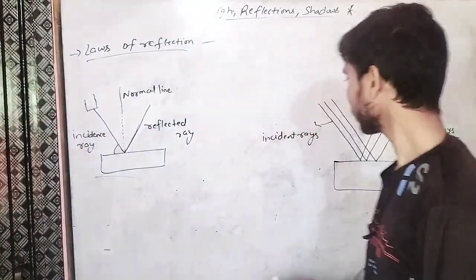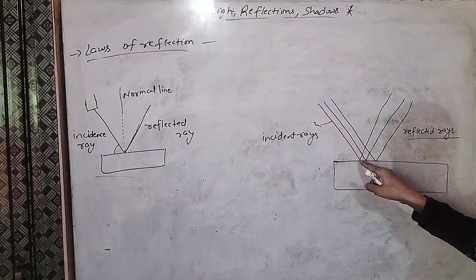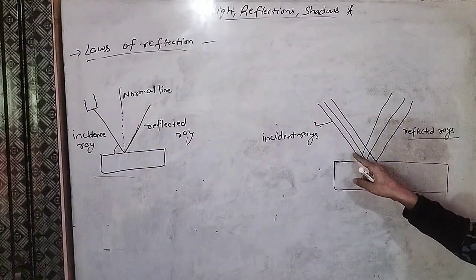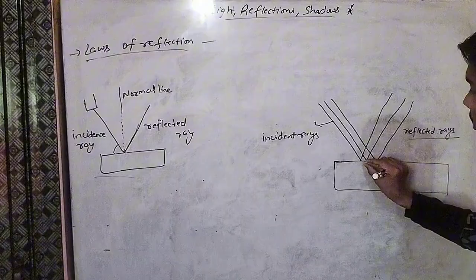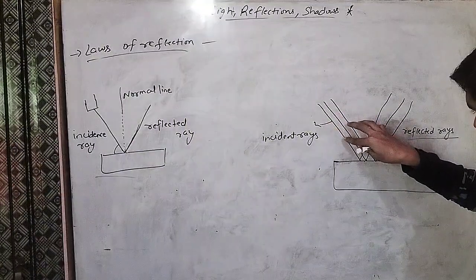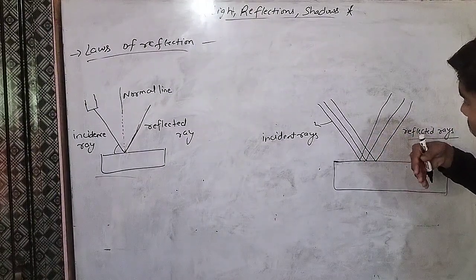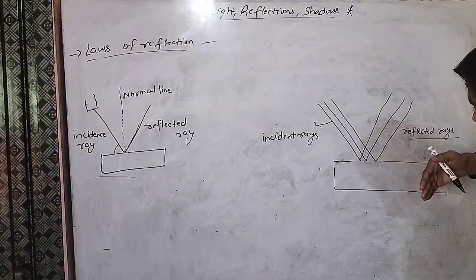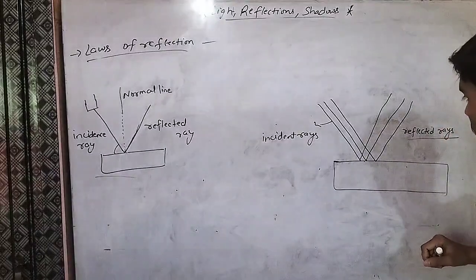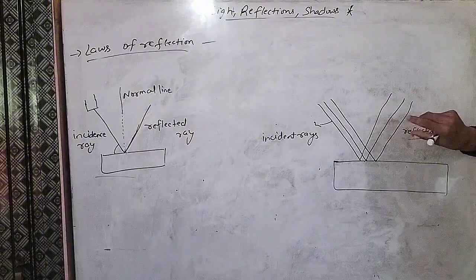Try to focus. This light direction is falling like this on the surface. These rays came in a single direction, then turned into another direction, a single direction. So the direction of the rays is single.